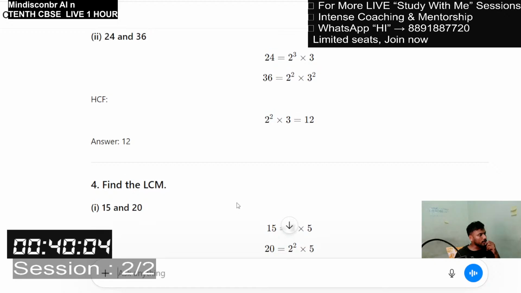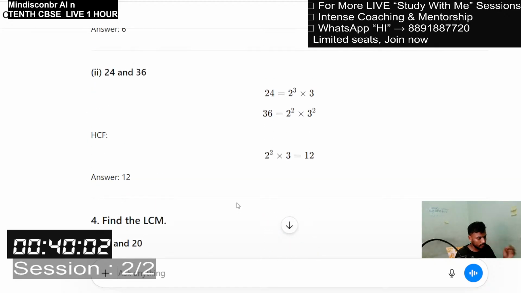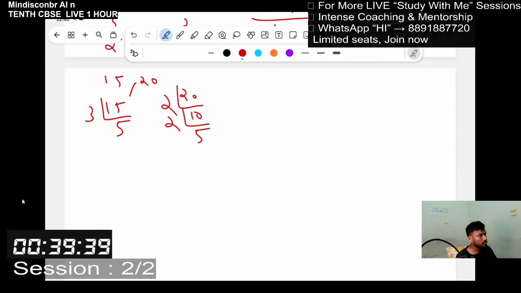LCM of 15 and 20. 15 is 3 into 5, and 20 is 2 into 10, that is 2 into 2 into 5.